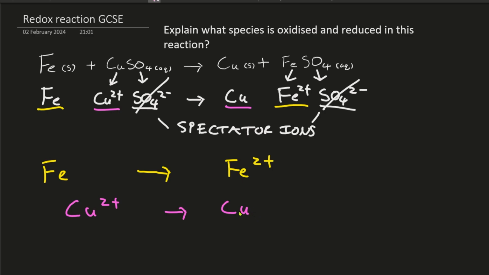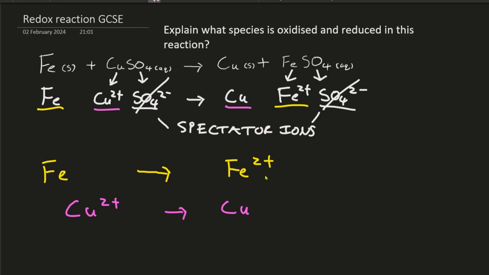Now in this example, we need to find out what is oxidized and what is reduced. Now there's more than one way of doing this, but the rule that I'm going to teach you is, if it's oxidized, keep your electrons on the right hand side. So Fe2+ and Fe here. Now going from Fe, which is a neutral atom, it's now become a positively charged ion. When this happens, that positive charge is a result of electrons being lost.